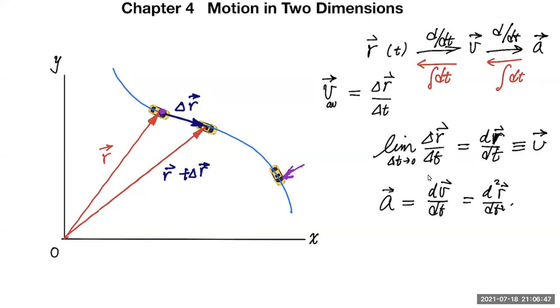Now, I do want to talk about the direction of these quantities, r and v and a. In one dimension, because there are only two possible directions, the velocity vector v and the acceleration vector a are either parallel or anti-parallel to each other.